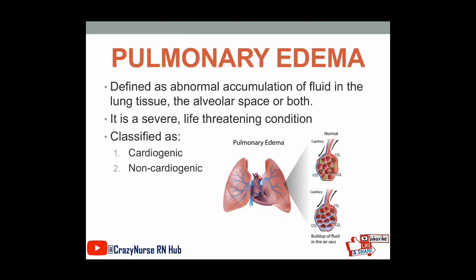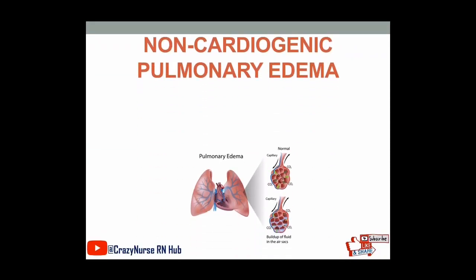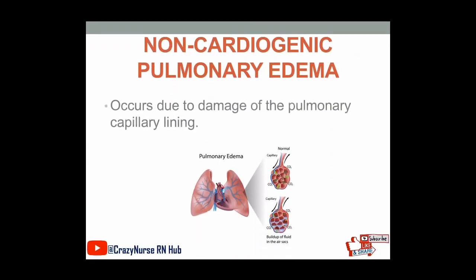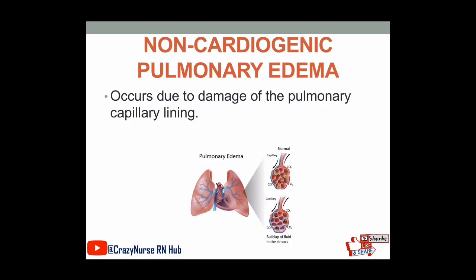And it is classified as two: cardiogenic and non-cardiogenic pulmonary edema. For this lesson, we will discuss the non-cardiogenic pulmonary edema. For the non-cardiogenic pulmonary edema, it occurs due to damage of the pulmonary capillary lining, and it may be due to direct injury to the lungs.